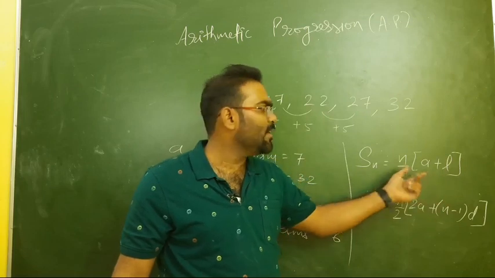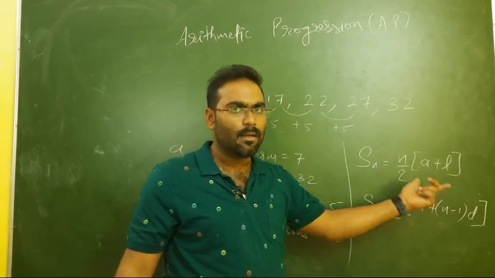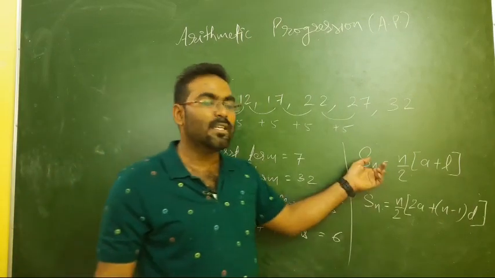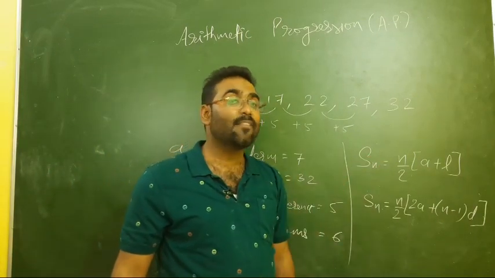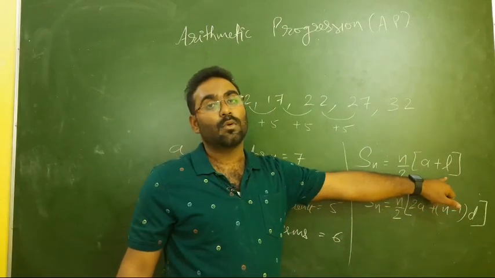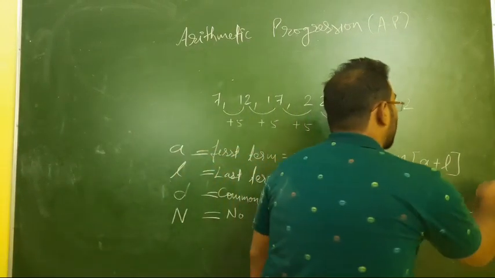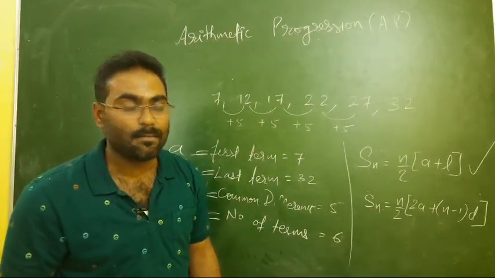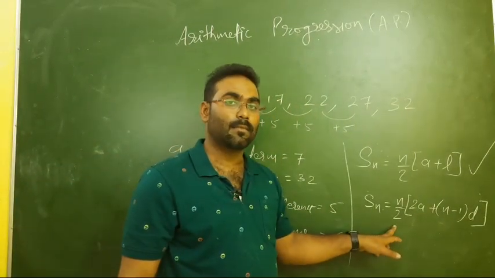So we simply put in the values of these three terms and calculate. Anyone can tell that this is the easier formula. So in any case, if you have the value of the last term, always go with this formula. But if you don't have the value of the last term, go with the other formula.